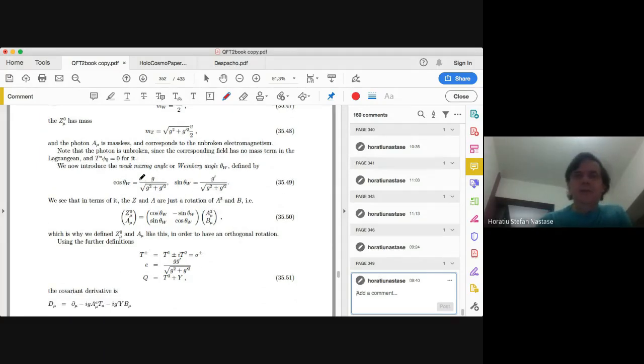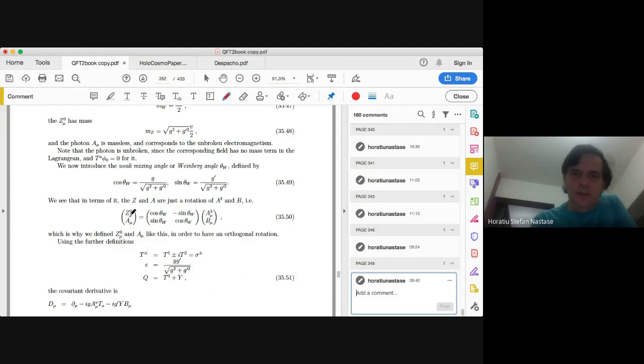We can introduce the so-called weak mixing angle or Weinberg angle, theta W, for either weak or for Weinberg, as defined by these ratios. So cos theta W is g over square root of g squared plus g prime squared, and sin theta W is of course g prime over square root of g squared plus g prime squared, which makes it obvious that this is really a rotation.